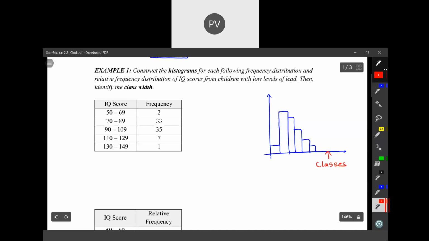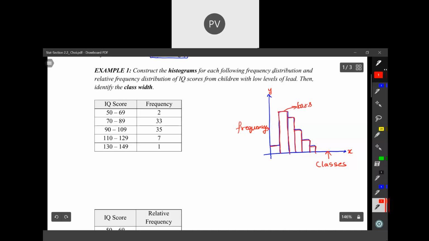The horizontal line is the x-axis, and the vertical line is the y-axis. The x-axis will always be the classes, whereas the y-axis will be the frequency. And these bars represent your histogram.